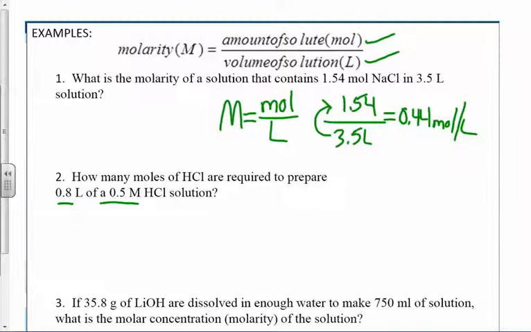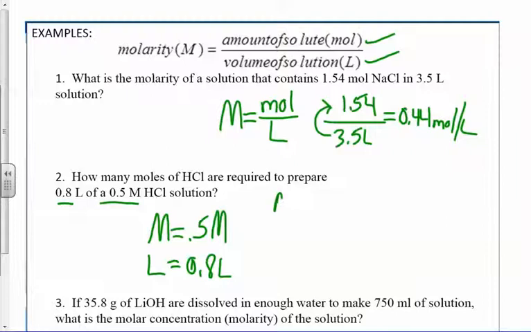So we have here molarity, which is 0.5 moles per liter. Molar, we also can use molar, remember? And then we have an amount of that solution, and it's 0.8 liters. Well, the first thing we have to do is rearrange that equation.